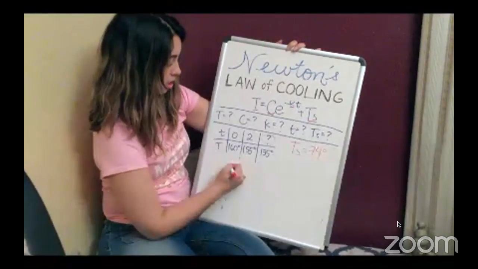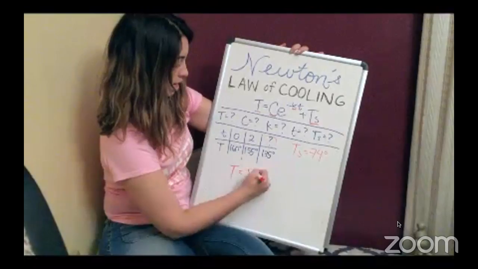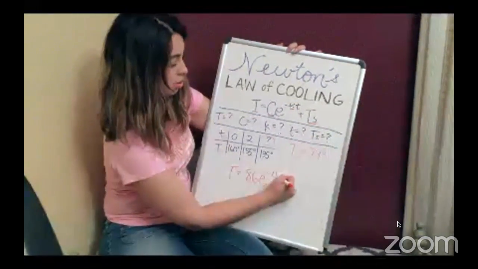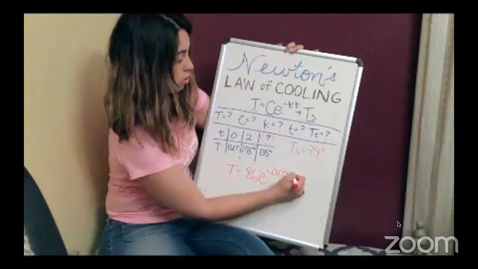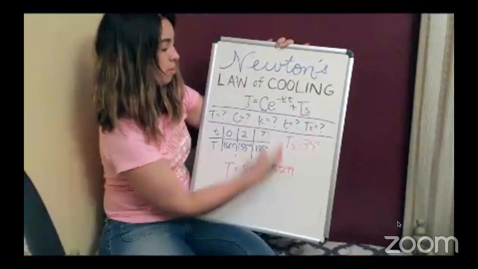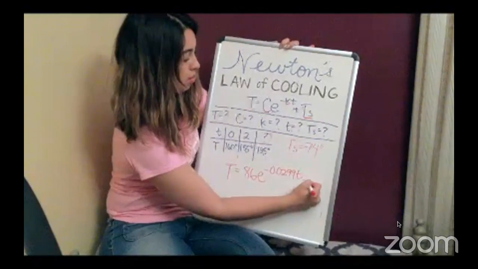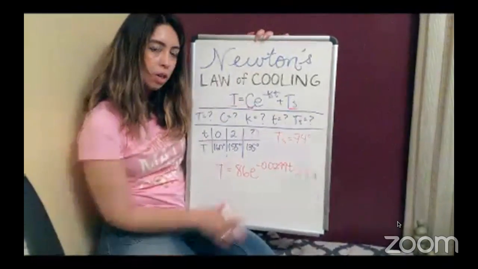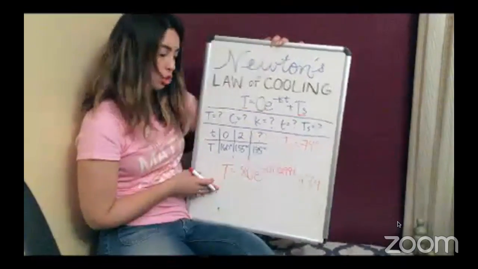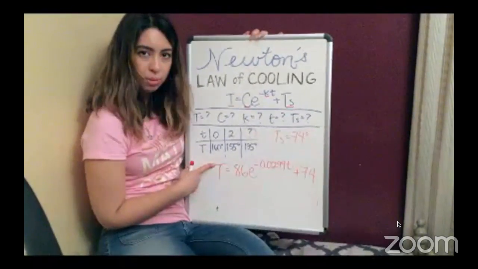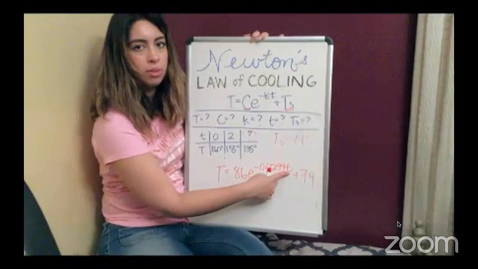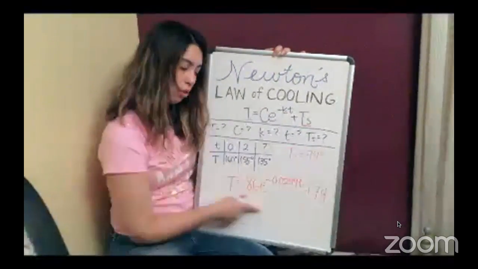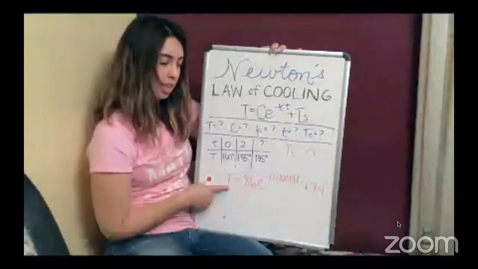We have T equals 86 e to the negative 0.0299, that was our k, times t plus 74. This is now our equation for temperature, so we can plug in any temperature and solve for t, which is time, or we could plug in any time and figure out what the temperature will be at that time.